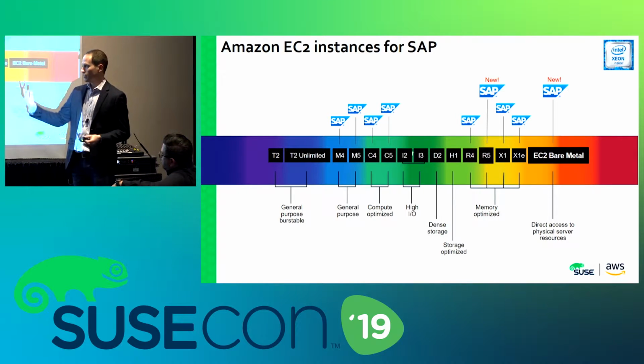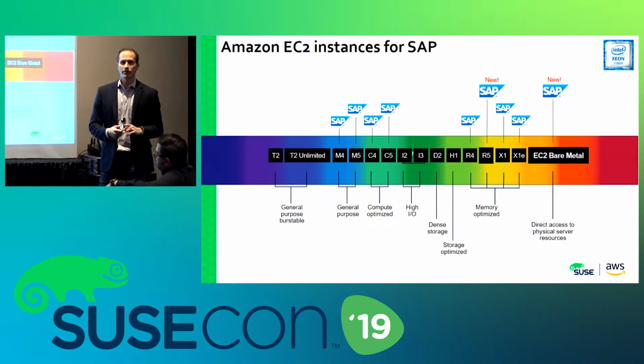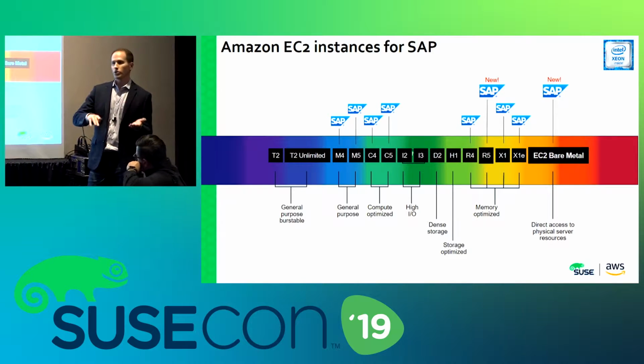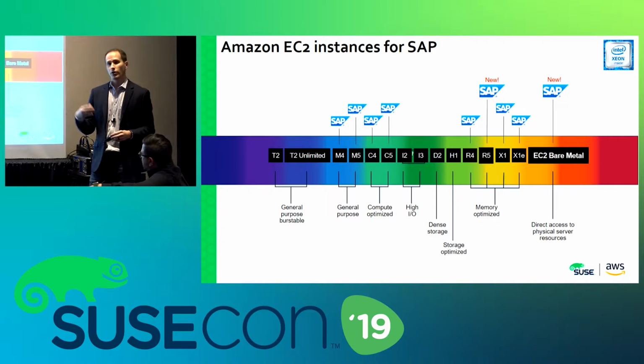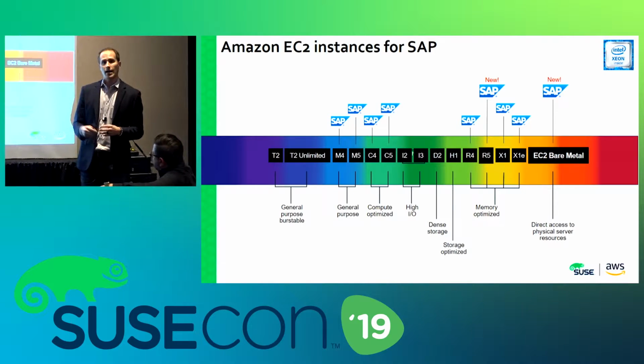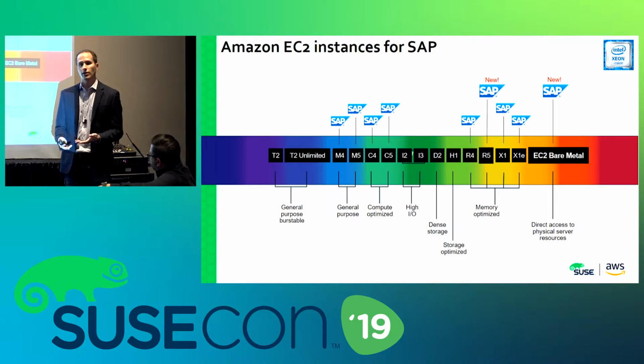A great example, in the R3 family, even though it had the same amount of CPU and RAM, when we came out with the R4, we had a brand new chipset. And what happened, which is also very common for AWS, is when we launched the R4, we had a 20% price decrease. Because we also had a chipset increase, that was actually a 20% faster SAPs per CPU.